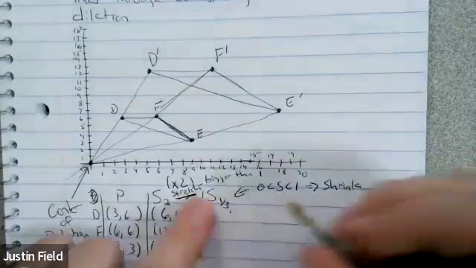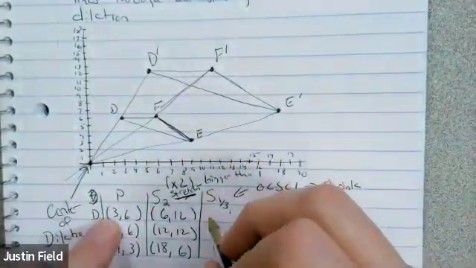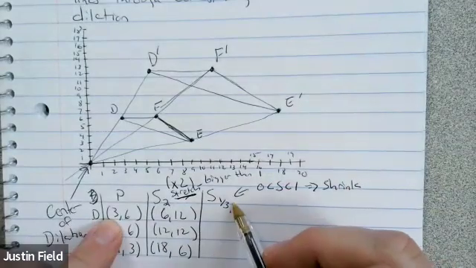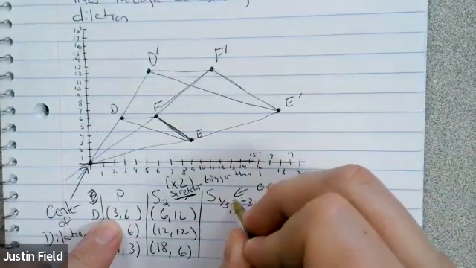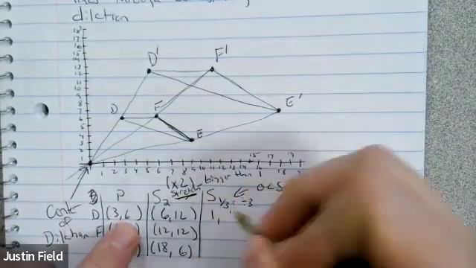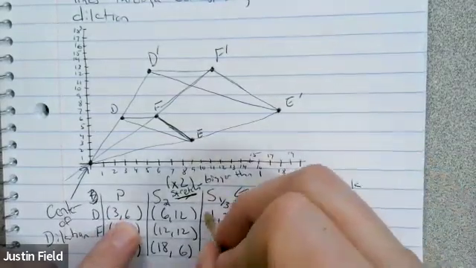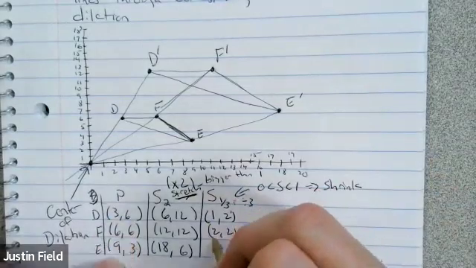So let's multiply 3, 6 by 1/3, which is the same as dividing by 3. 1/3 is equal to dividing by 3. So 3 divided by 3 is 1. 6 divided by 3 is 2. Okay, these divided by 3 would be 2, 2.